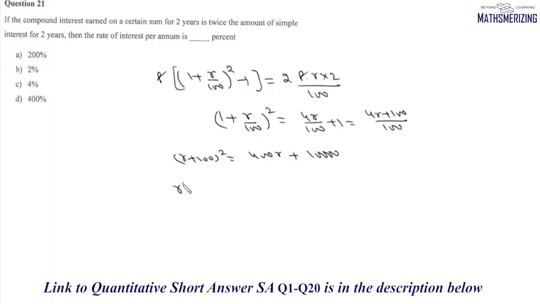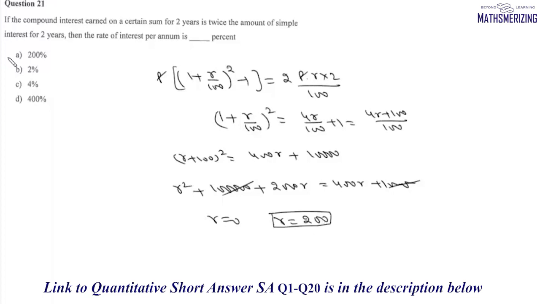So we'll get R^2 + 10,000 + 200R, and that is 400R + 10,000. So it'll cancel. So we'll get either the value of R as 0, or the value of R as 200. So basically R is 200%, and that's your option number A.